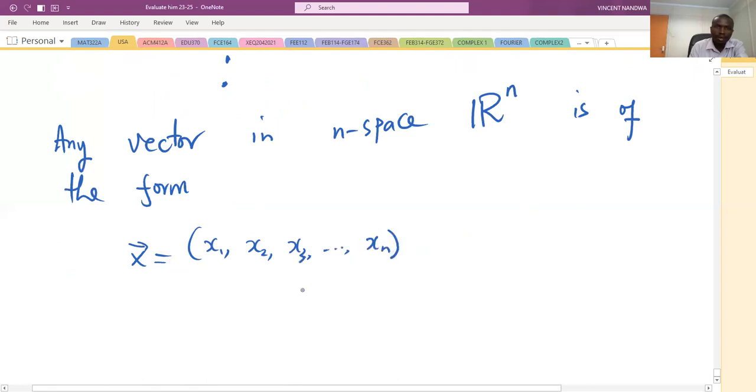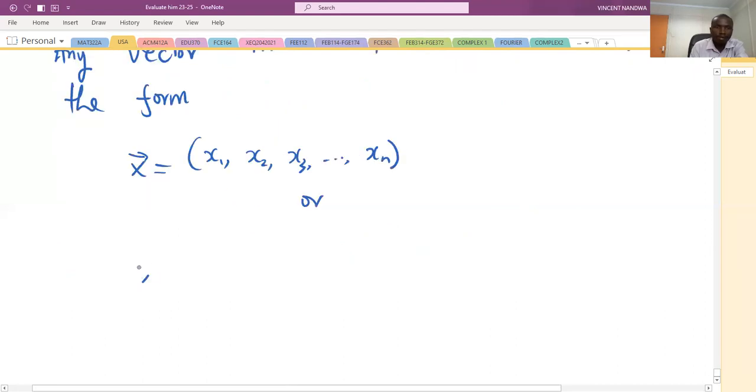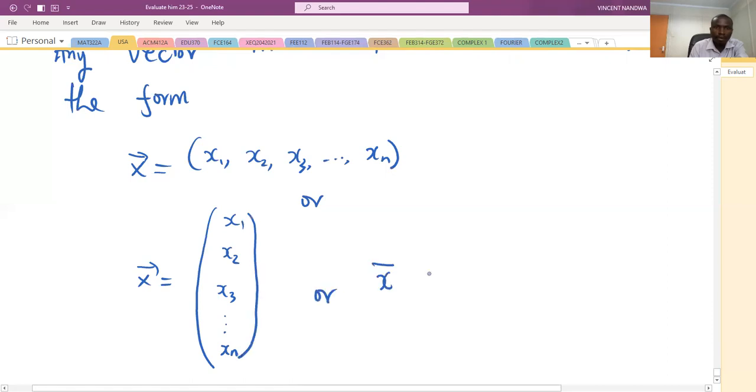Or you can write in column form as x1, x2, x3, up to xn, or you write in row form x1, x2, x3, up to xn. So all these different forms given here will be used interchangeably to mean the same thing.